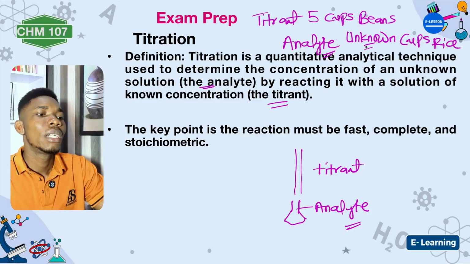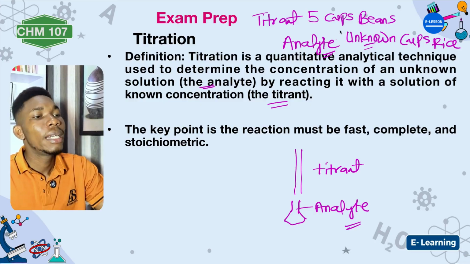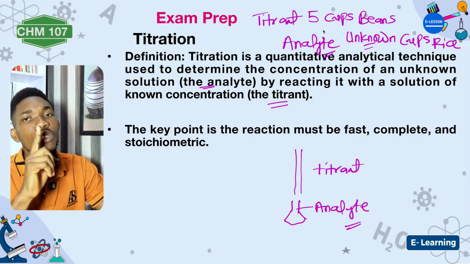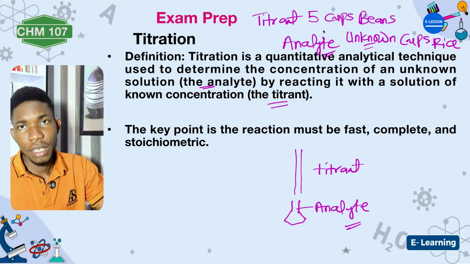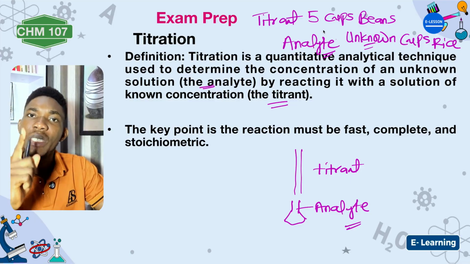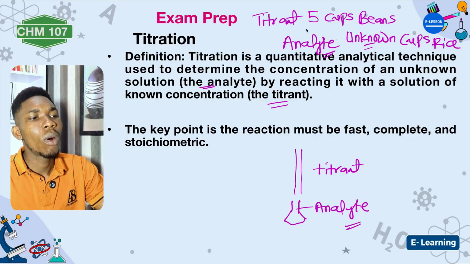Now let us assume that you have an unknown amount of rice again. Another illustration. Let us say for every 1 cup of beans you prepare, you use 2 cups of rice. You don't know the amount of rice there, but you know that for every 1 cup of beans you prepare, you use 2 cups of rice. Now, let's assume you prepare 1 cup of beans.